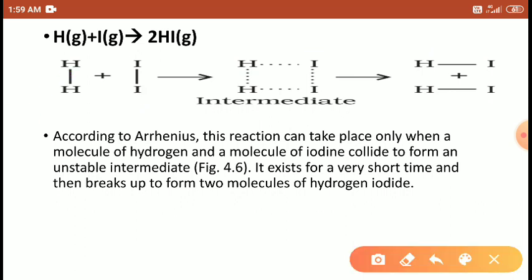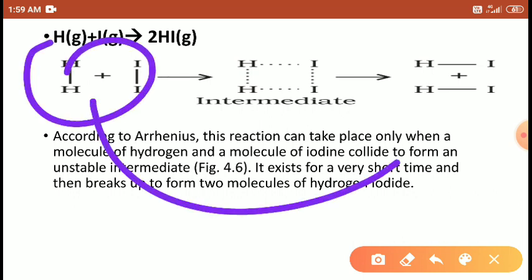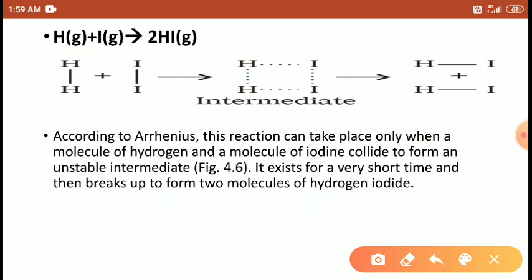According to Arrhenius, the reaction can take place when the molecules collide to form an unstable intermediate. Whatever the reactants are, for them to turn into product, the reactant particles must collide properly: hydrogen with iodine.